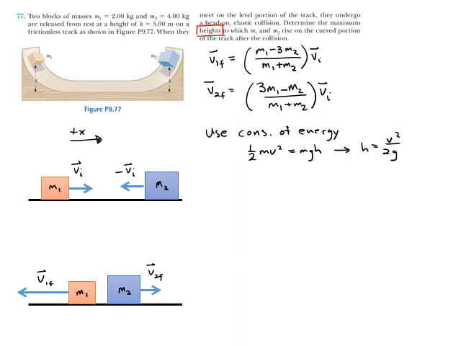So let's square both of these formulas. I will have v1f squared is m1 minus 3m2 over m1 plus m2, squared, times vi squared, right?